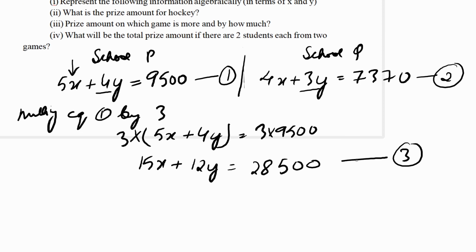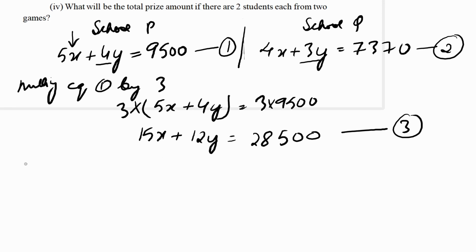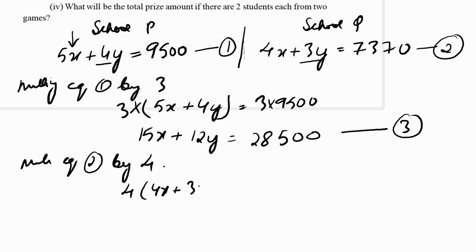And then multiplying equation 2 by 4. So what will happen? 4 into 4x plus 3y is equal to 4 into 7370.